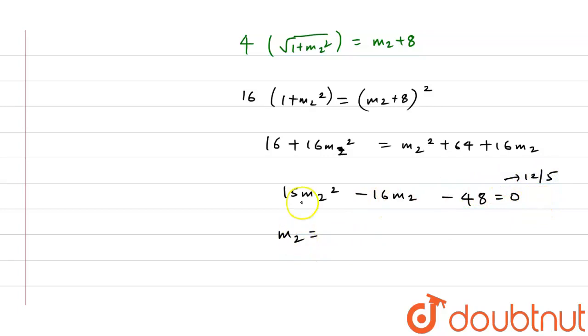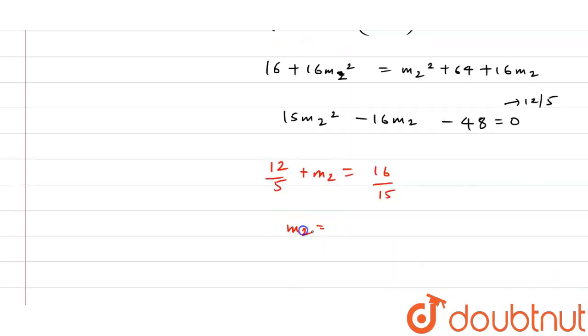So we can calculate m2 by the sum of roots. By using the sum of roots we will find this value. So we can write it as 12 by 5 plus m2, which we have to find out, is equal to minus b by a. So minus of minus b, that is 16 by 15. So we get m2 is equal to 16 by 15 minus 12 by 5, using this formula, that sum of roots is equal to minus b by a.